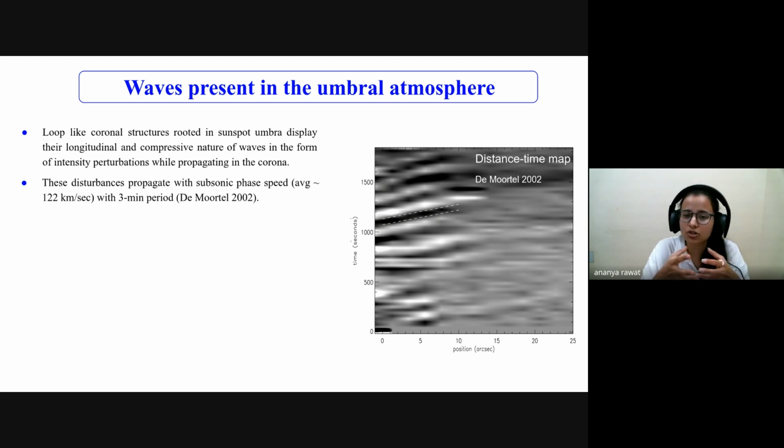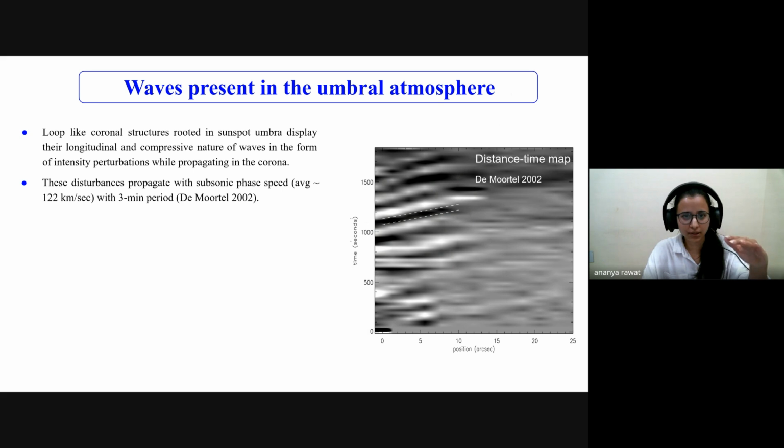So we call them slow magnetoacoustic waves. From this time distance plot itself, we can determine the period of these waves, which came around 3 minutes. So these 3-minute slow magnetoacoustic waves along the loops are very well studied.